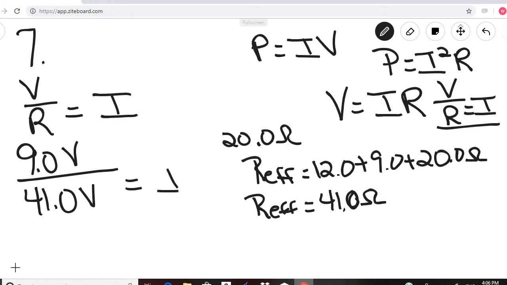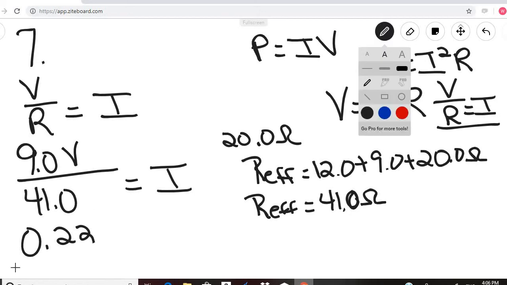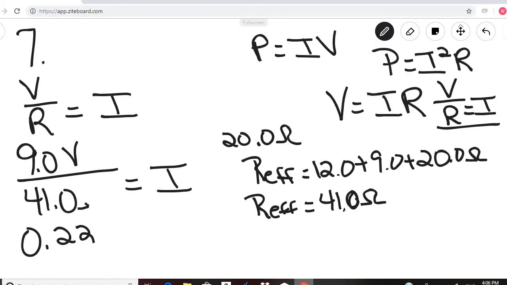So we're going to have two significant figures. And 9 divided by 41 will give us 0.22. This is 41 ohms. So a volt divided by an ohm is an amp. So 0.22 amps is equal to I.